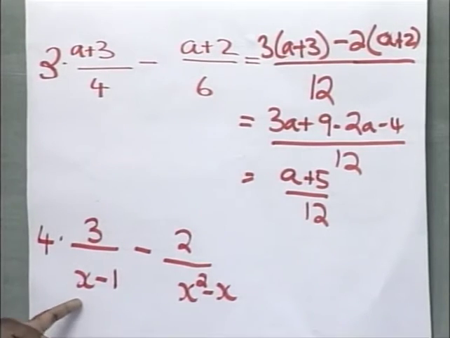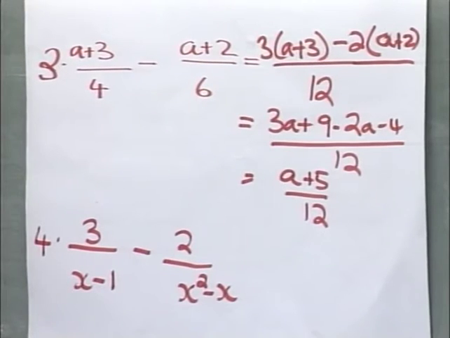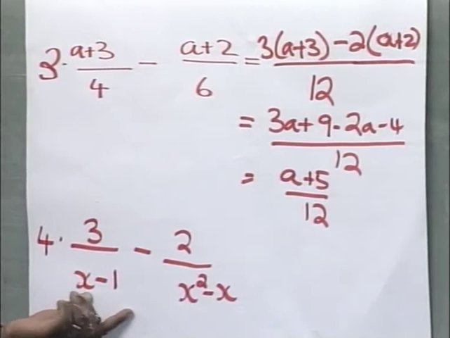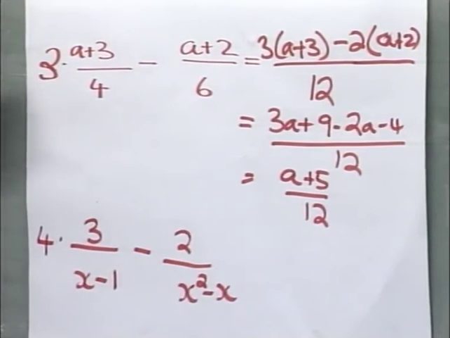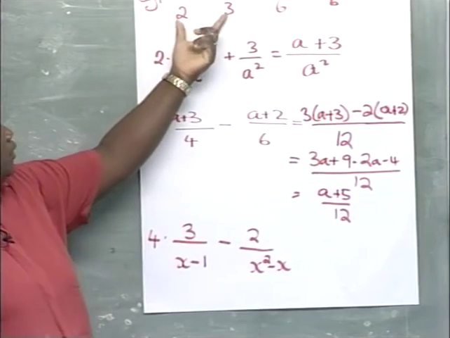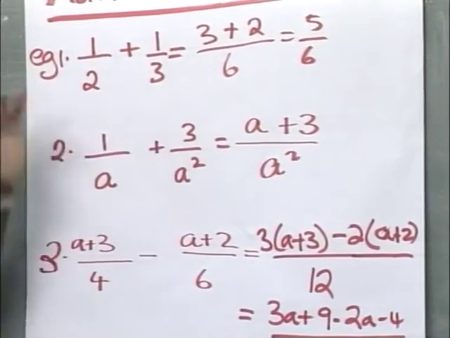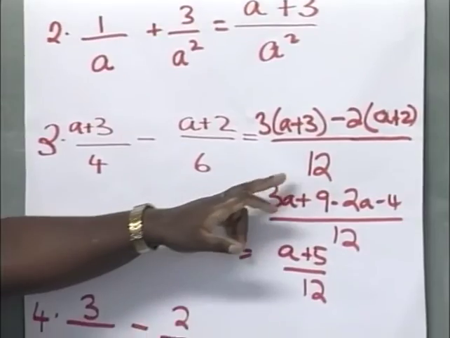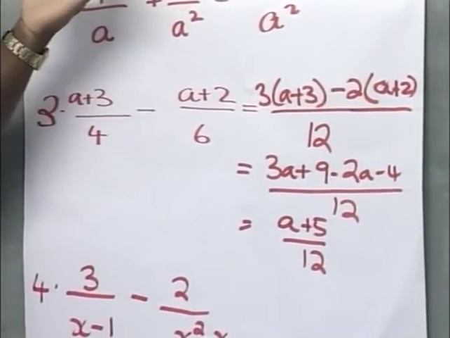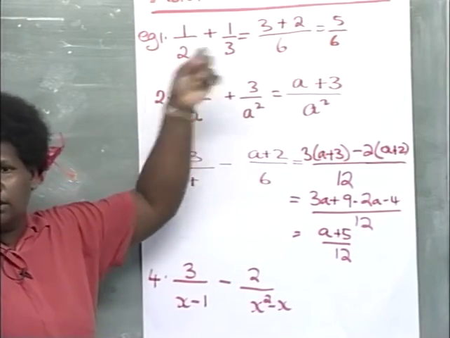You cannot separate x and minus 1. Minus 2 over x squared minus x. The way it is, we cannot work out the lowest common multiple yet. With 2 and 3, unlike 4 and 6 where you have to work out the common multiple, you can just multiply because they're not really common. So 3 times 2 will give us 6.